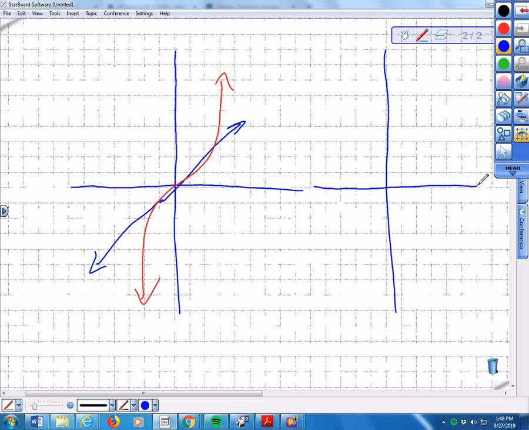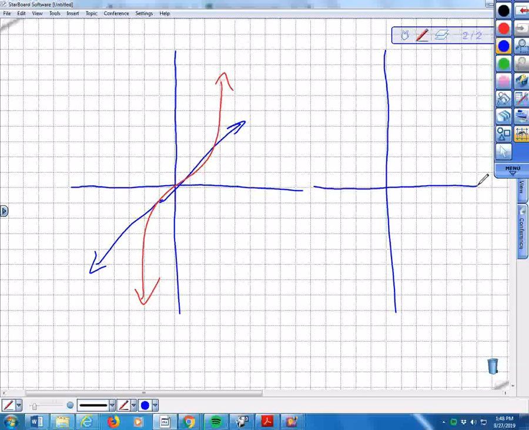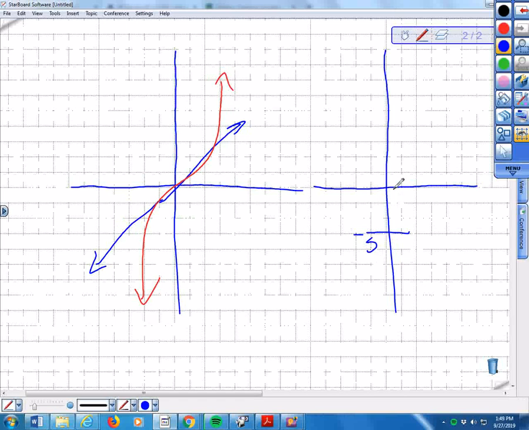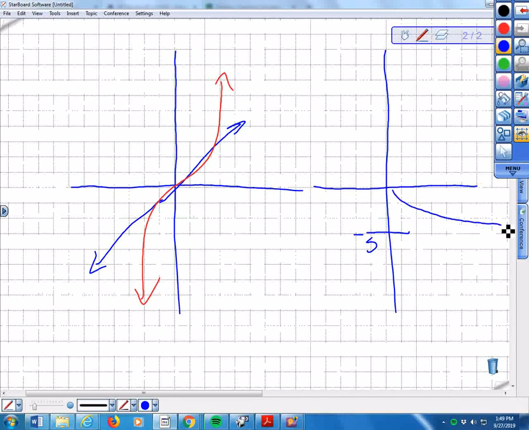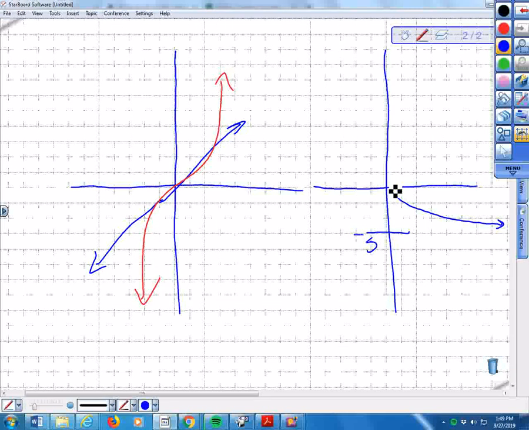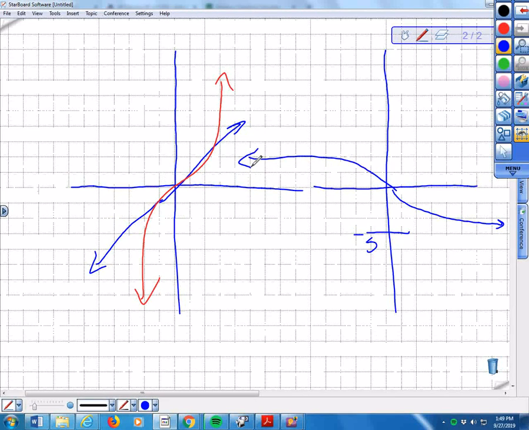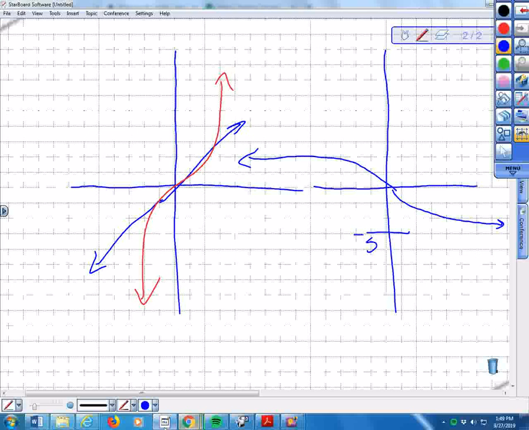So it's approaching -5 as x gets bigger. So if we call this -5, and as x is getting bigger and bigger and bigger, it's going to be approaching there. And if it's symmetrical, maybe it's going to do something like this. I'm just kind of sketching as I go.